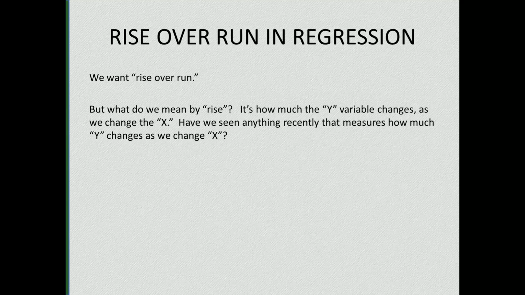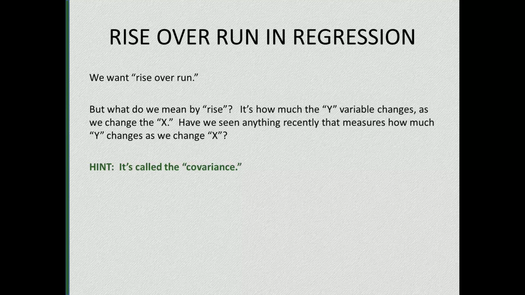Rise over run. A rise is how much y changes as we change the x variable. Have we seen anything in this or a previous life that measures how much y changes as we change the x variable?